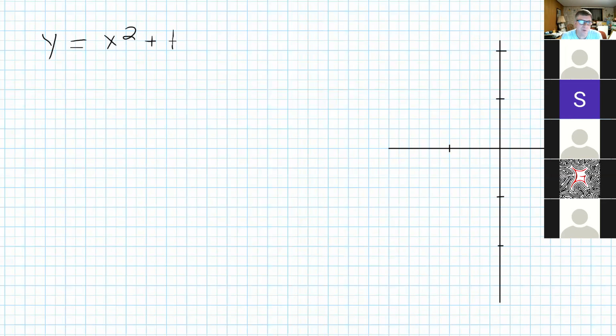In that class, or an equivalent beginning algebra class, you should have learned to graph linear equations, which we used when graphing those inequalities, using slope-intercept form. But this is a second degree equation because of the x squared. And we're going to graph this by making a table.